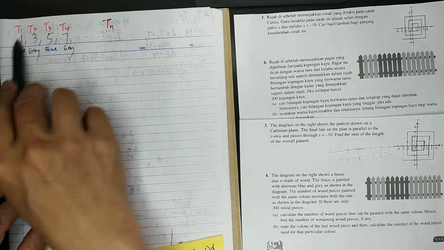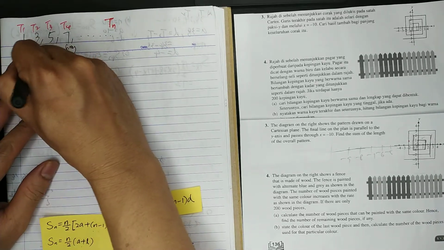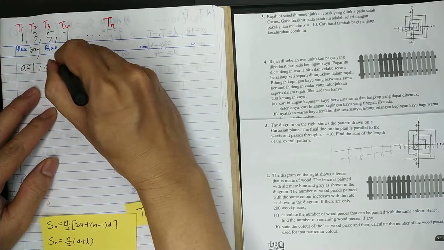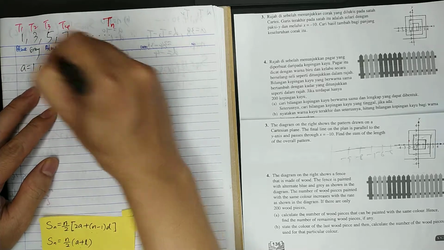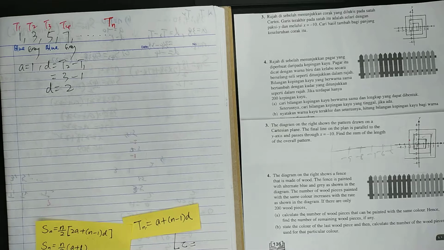So first we use A equal to 1, D equal to T2 minus T1. T2 is 3, T1 is 1, then we get 2, D is 2.